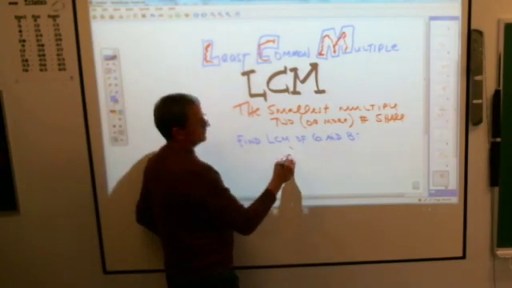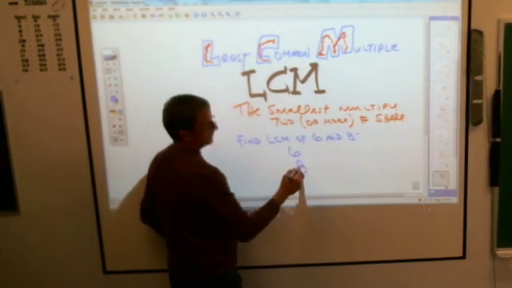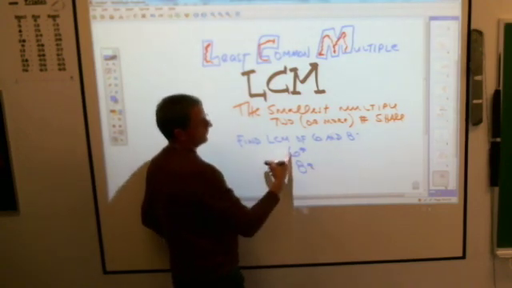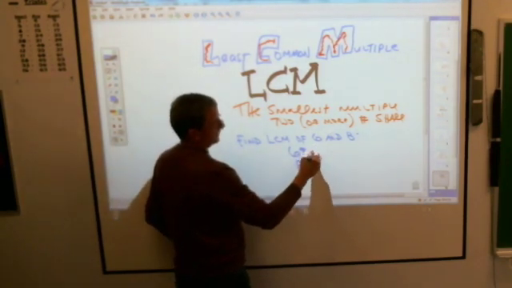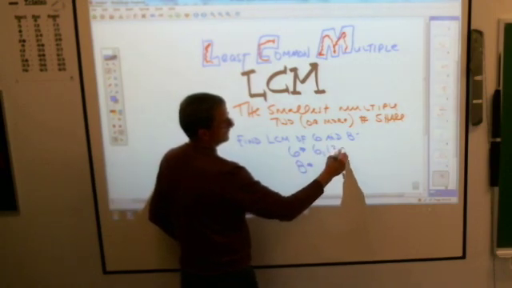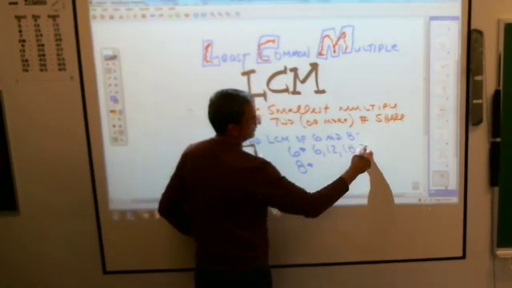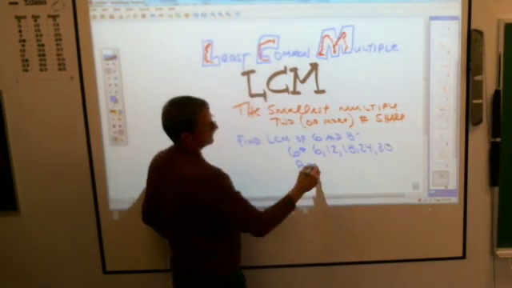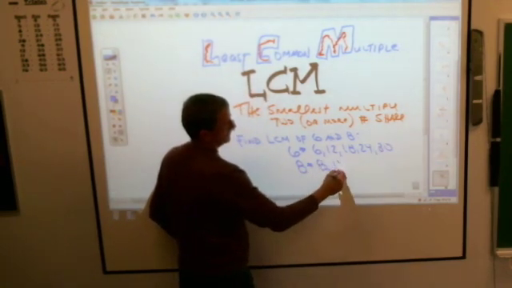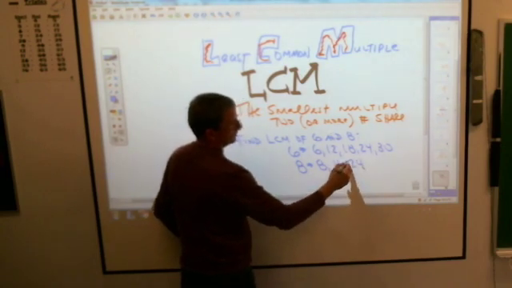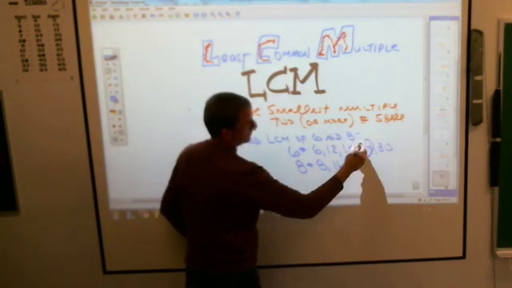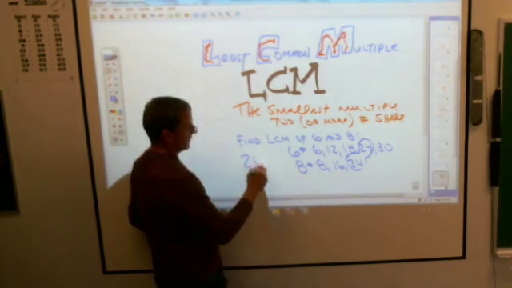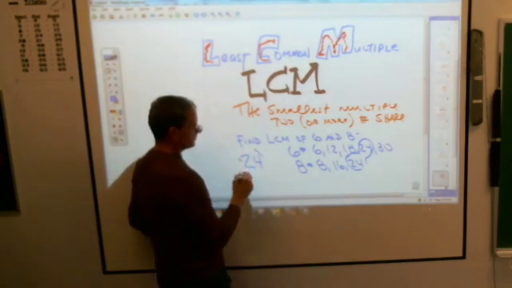In order to find this, what you need to do is write down some multiples of each until you find the smallest one that they both share. For example, multiples of 6 are 6, 12, 18, 24, 30. You can kind of stop there. Let's try 8, 16, and when you get to one that they share, which is 24, you found the least common multiple.